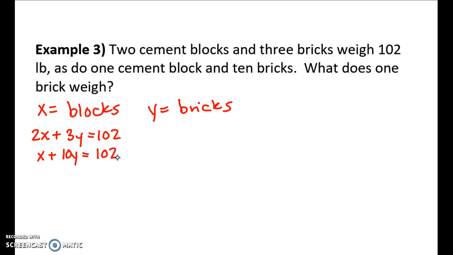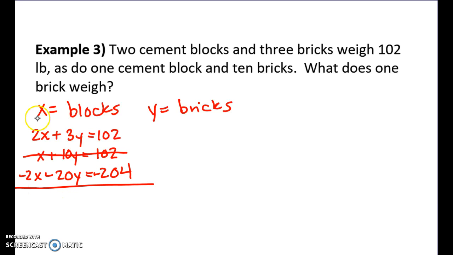Well, what I'm going to do is I'm going to multiply my second equation by negative 2. So I'm just going to cross him out lightly to make him negative 2x minus 20y equals negative 204, and then add straight down. So my x's would cancel, my y's become negative 17y is equal to negative 102.